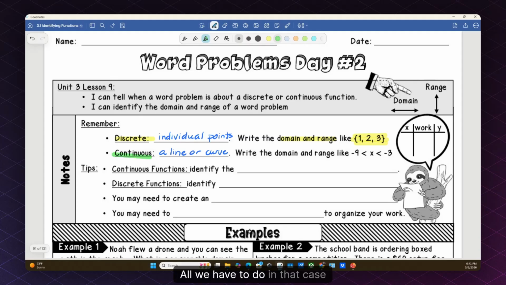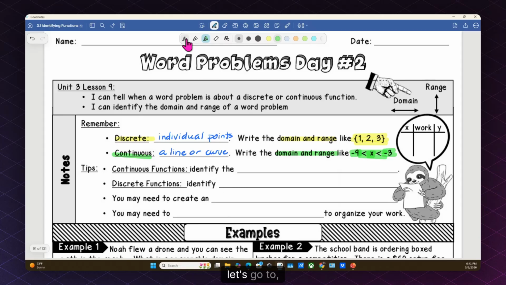All we have to do in that case is identify the low value, and then identify the highest value, and you put either the x or the y in the center, and then you have your inequality signs. So we write our domain and range differently depending on the type of function. That's why it's important to identify, is it discrete or is it continuous? Because it affects how you write your answer.